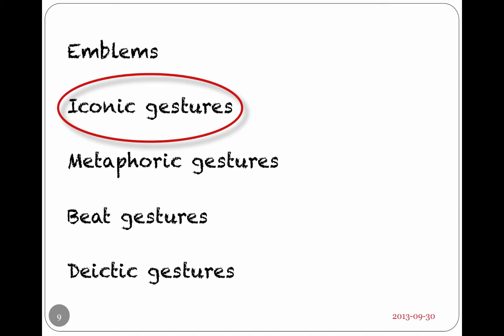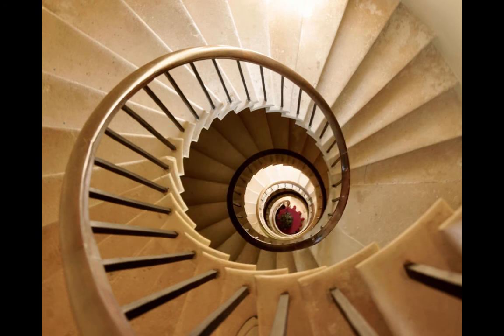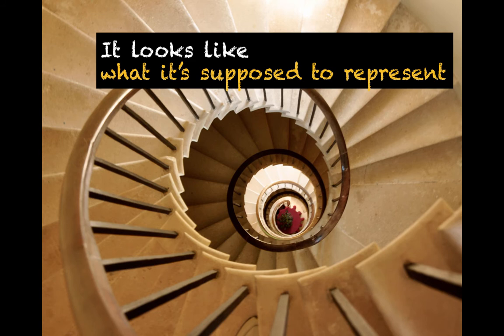They are also known as pictorial gestures. A good example is this. If you ask someone what a spiral staircase is, they will do something like this. Well, it's a staircase that kind of goes around and around and around. The gesture kind of looks like what it's supposed to represent.